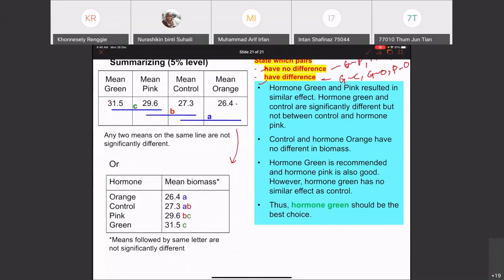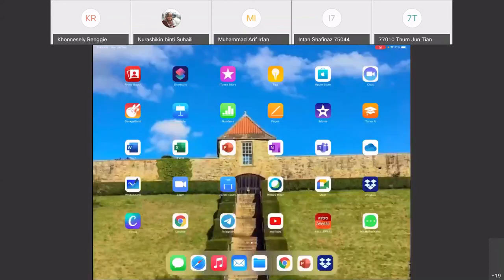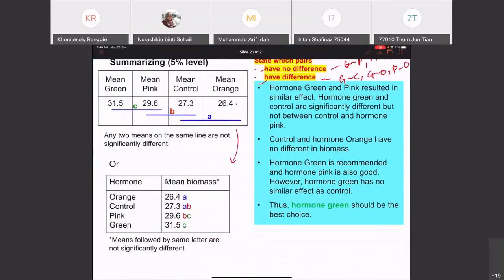Okay, let me show you an example of an article. Did I answer your question before I go into the article? Yes. Okay. But you have to understand what it means. For example, what it says here: means followed by the same letter are not significantly different.